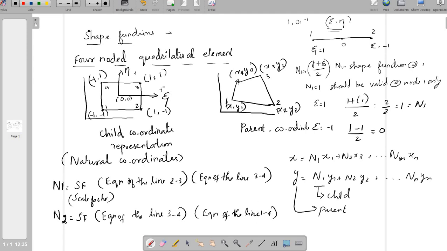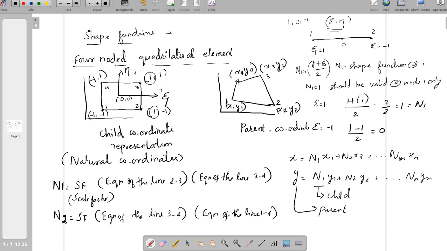How to write the equation of the line? Just observe the common coordinate of these two points. For example, if you take the 2, 3 line, you have the common coordinate of 1 in each. In the y coordinate it is 1 here and -1 there. Don't take the differing coordinate. You consider the common coordinate in both representations.